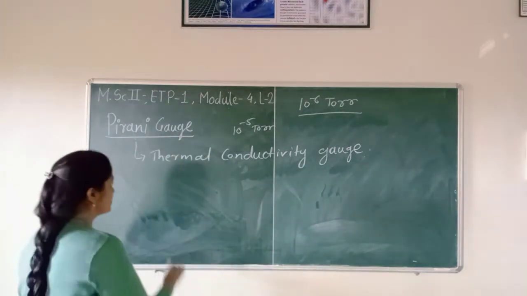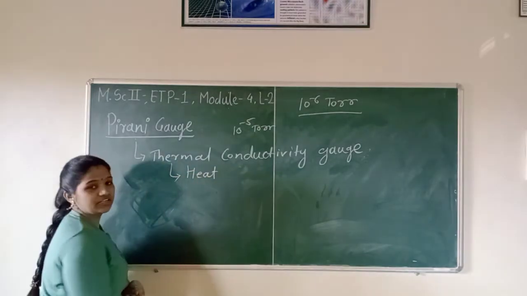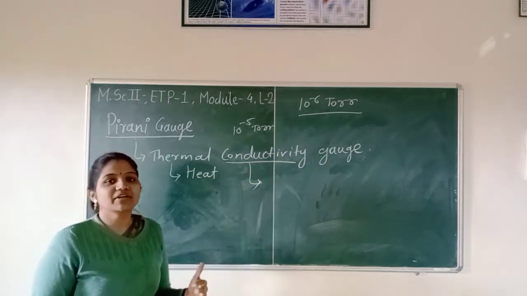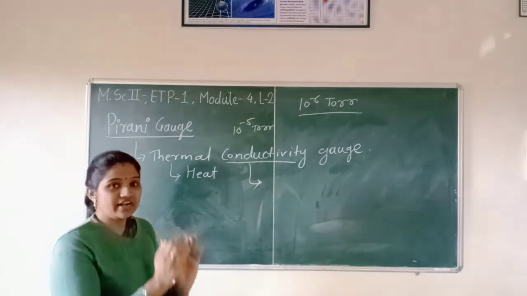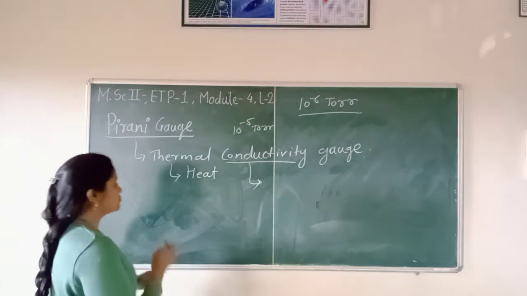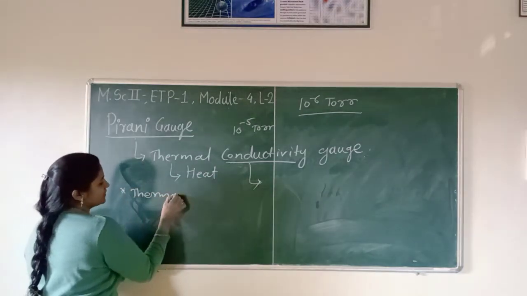Now see here, what is thermal? Thermal is nothing but the heat. And what is conductivity? Conductivity is nothing but how much heat is conducted by that object or by that substance. First, we are going to study this thermal conductivity.